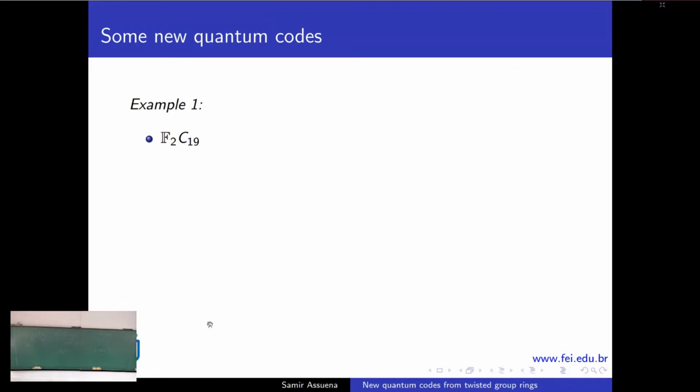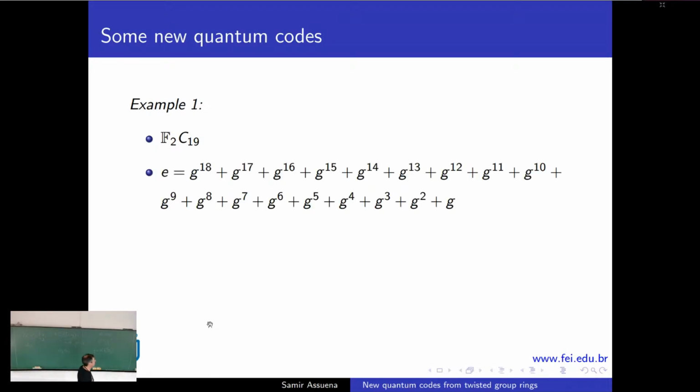In this case, we are working on group rings, and Cn is the cyclic group generated with 19 elements. We can take this element here. It's very easy to check this element is idempotent, and when we apply the classical involution, we obtain the same element.